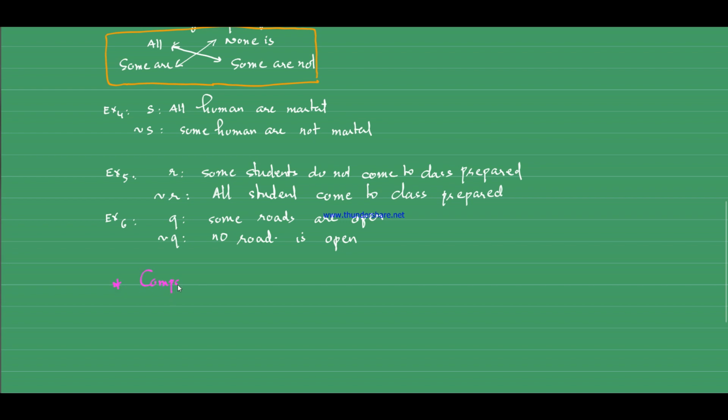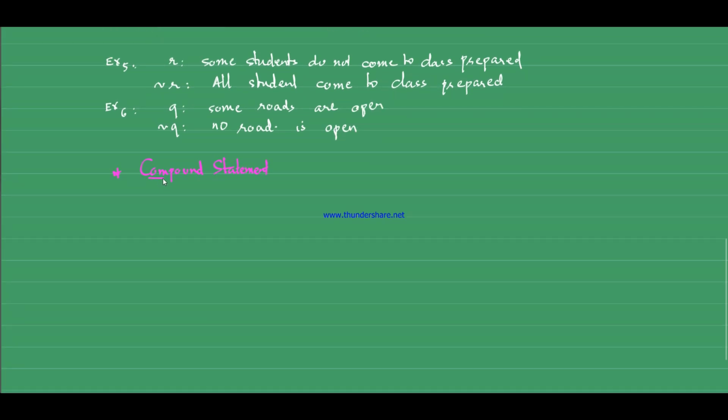A compound statement is just a combined statement, as I say. It combines two simple statements to each other by using a connective, and we have some connectives like this. The first connective is AND. OR is also another connective.